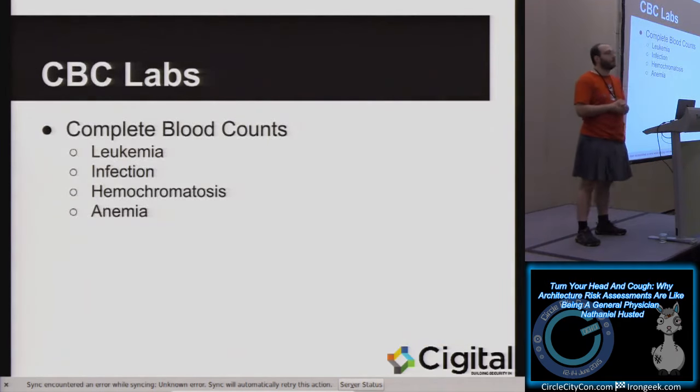Another useful one that you see all the time at the doctor is the CBC, your complete blood count. A very simple thing, it can potentially tell a doctor a ton. It can tell you if you have leukemia, an infection, or anemia. It can tell you if you have hemochromatosis, practically the opposite of anemia. All these different things from a relatively objective test, and by objective I mean it is more objective than talking to somebody and asking them how they feel on a scale of 1 to 10.